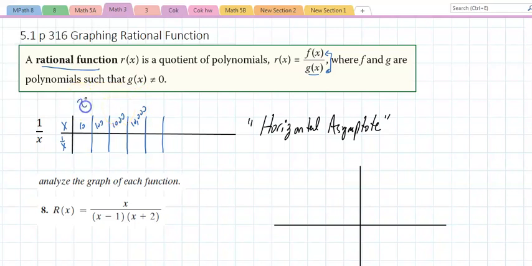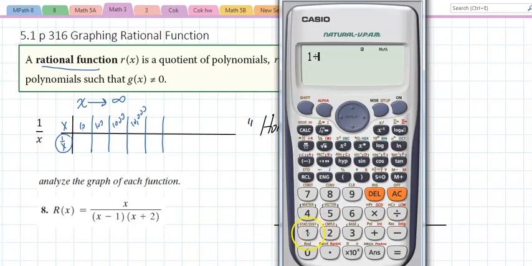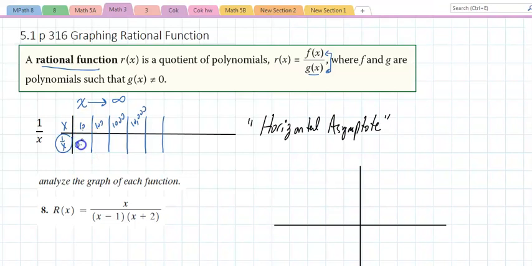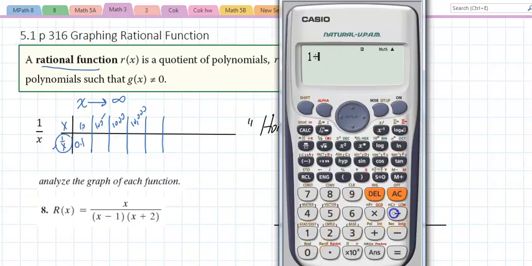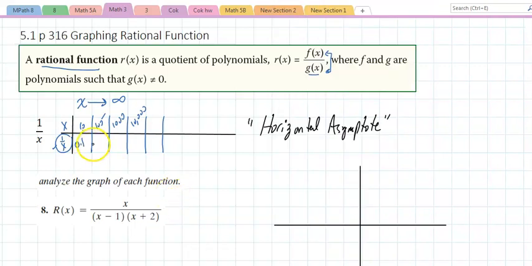Basically, this is the notation: x grows as x gets bigger and bigger. What happens to this? If x is 10, 1 divided by 10 is 0.1. If x is 100, what's 1 divided by 100? 0.01. So do we see where this is coming?